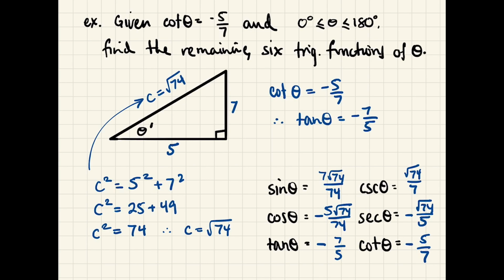And our earlier work certainly took a lot of writing. So this is definitely a faster way of working out these particular values. It does come with the burden of managing these negatives because the triangle only has positive side lengths. So as long as you're taking care of the negatives according to the quadrant of theta, then you should have no issue with this. And I do encourage this technique.